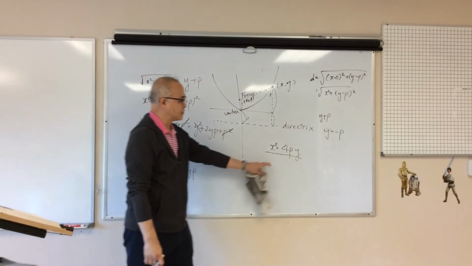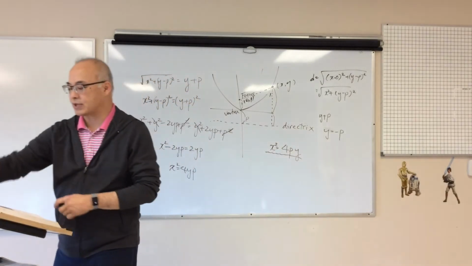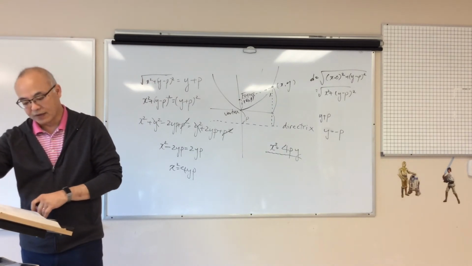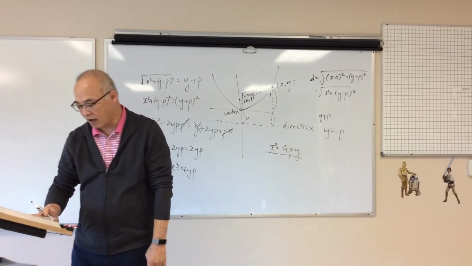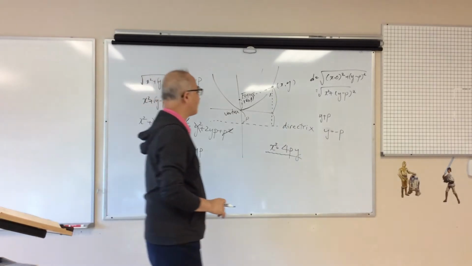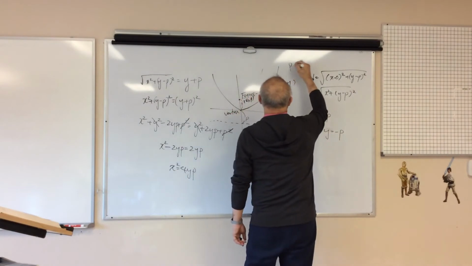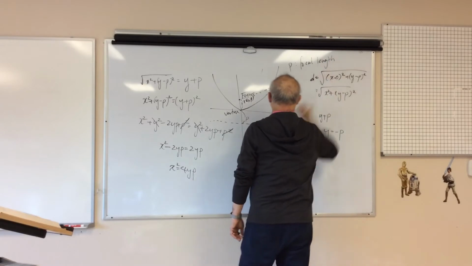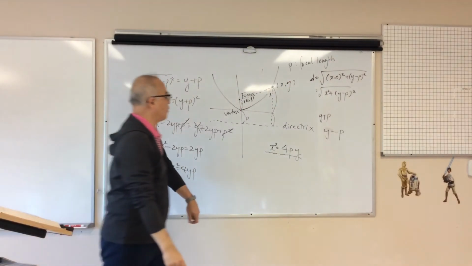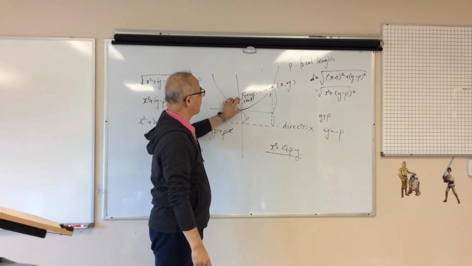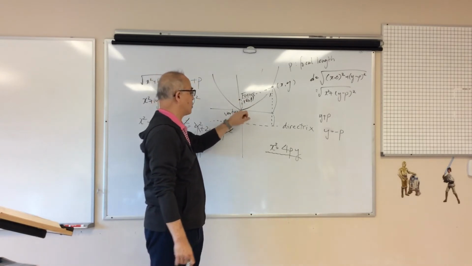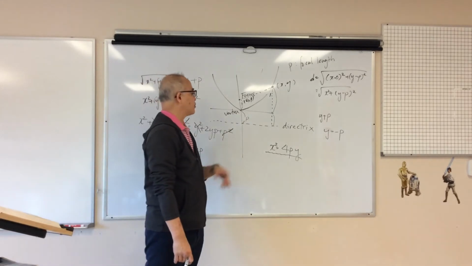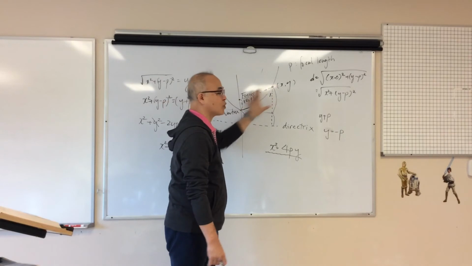So it is crucial, to find the correct equation, that you find the value of p. And we call that the focal length. P is called the focal length, because the vertex is a focal length away from the focus, and the vertex is also a focal length away from the directrix.